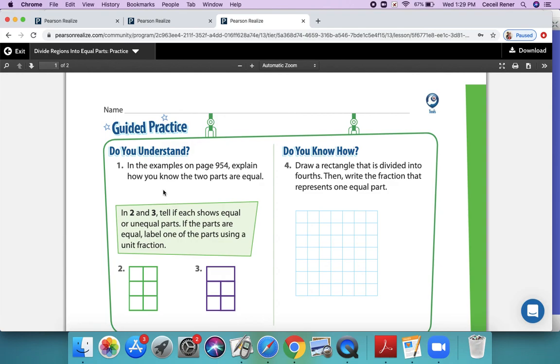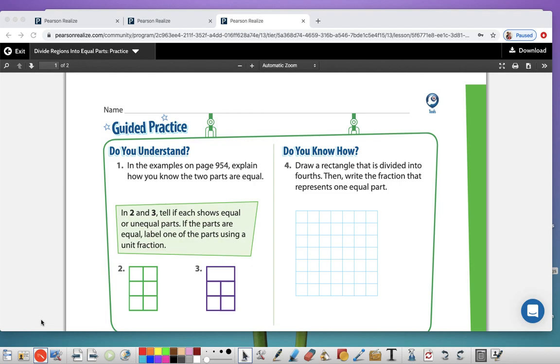So how do you know the 2 parts are equal? What do you know about those 2 parts? What do you think? How do we know they're equal? How many square units are in each of those parts? Each of those parts has how many units?